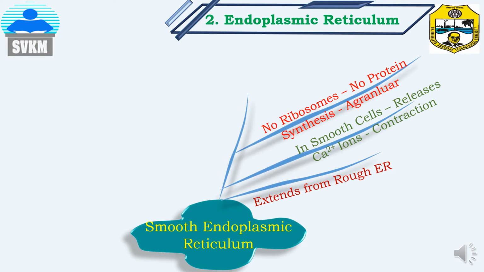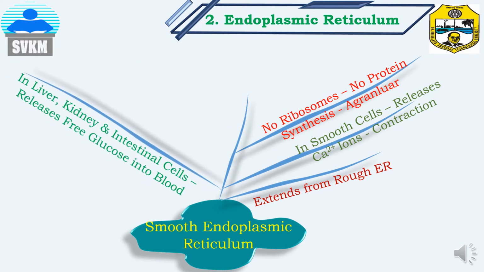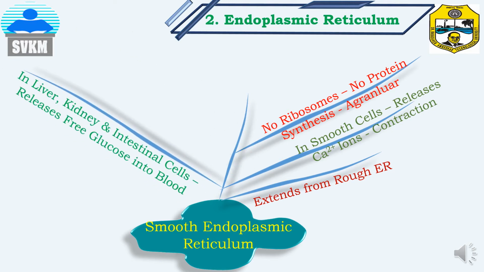So there is synthesis of protein, and that is why the rough endoplasmic reticulum is granular. Next point, in liver cells, kidney cells or intestinal cells, the smooth endoplasmic reticulum causes the release of the phosphate group from glucose 6 phosphate, and that is why the smooth endoplasmic reticulum directly releases glucose into the blood stream.